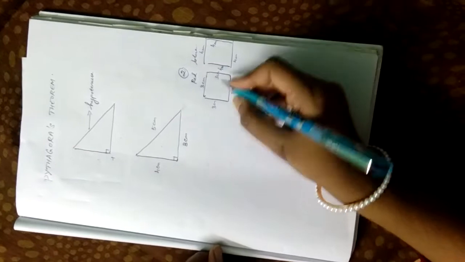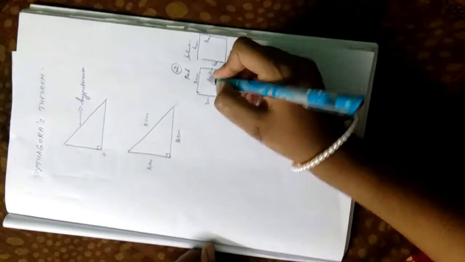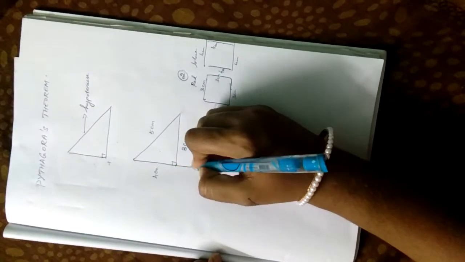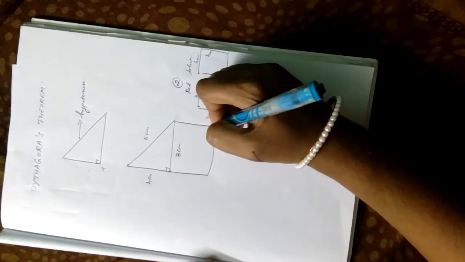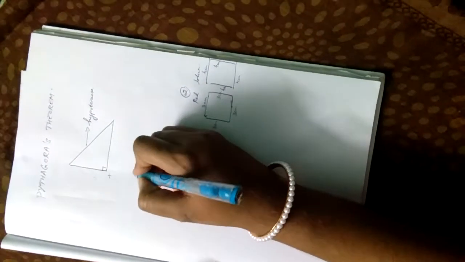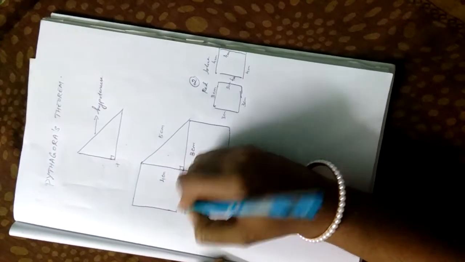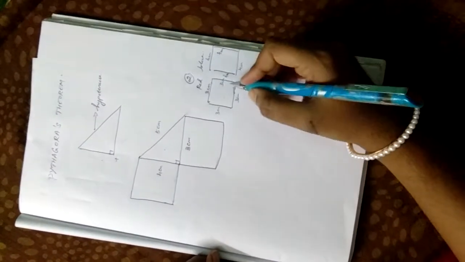From this, you take a piece of square and stick it here, and take the other piece from the other measure and stick it here. Now you have another piece in both the colors with you.